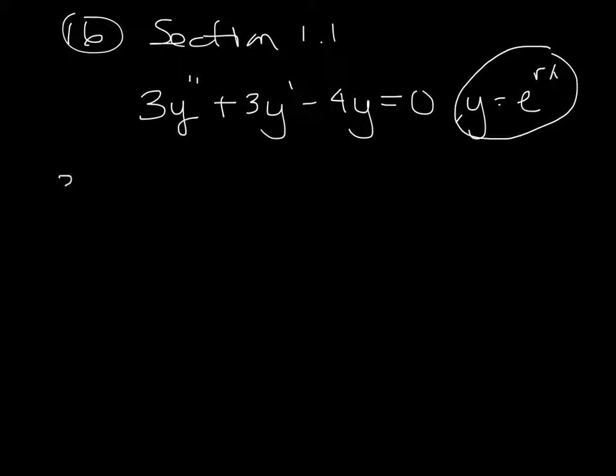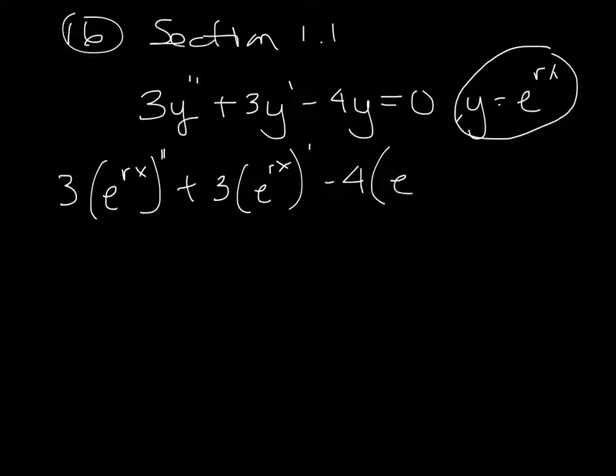So we have 3 times e to the rx, double prime, plus 3 e to the rx, prime, minus 4 times e to the rx, no prime because there isn't a derivative. And here, this is where a couple of you made a very minor mistake on the homework. For e to the rx, we're going to take 2 derivatives.